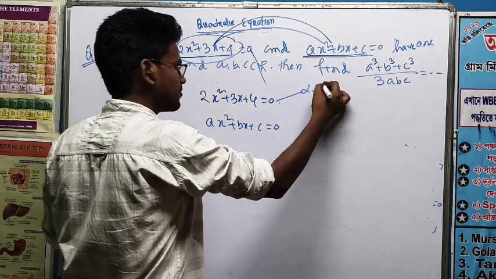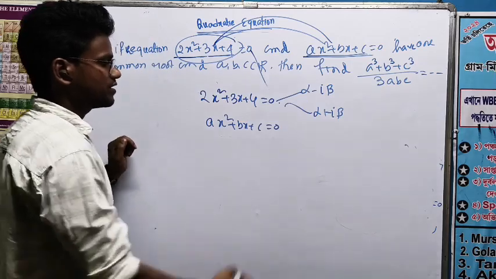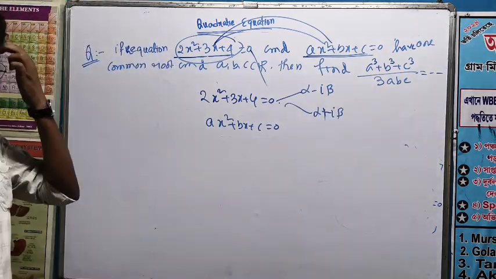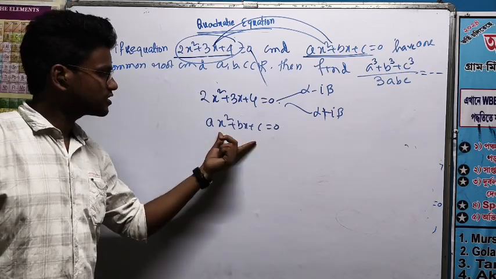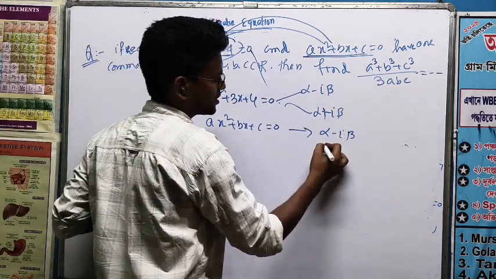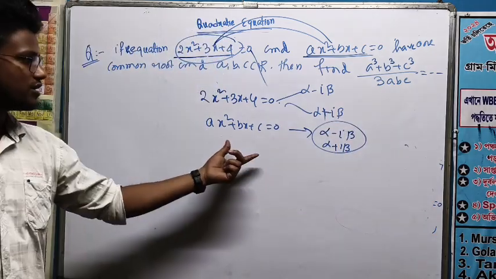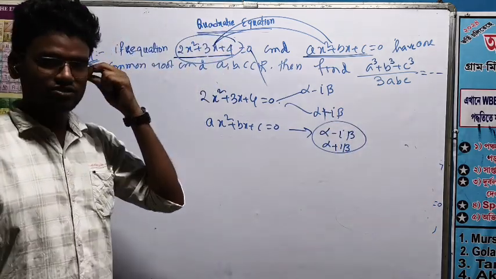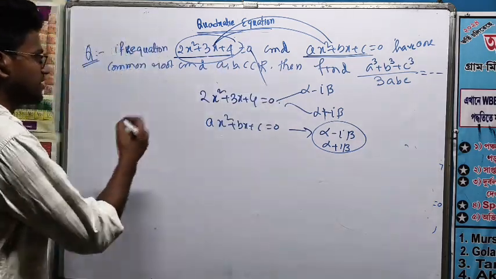The roots of the first are alpha plus i beta and alpha minus i beta. By the condition of common roots, the other equation also has roots alpha plus i beta and alpha minus i beta, which are complex. That means both roots are equal.